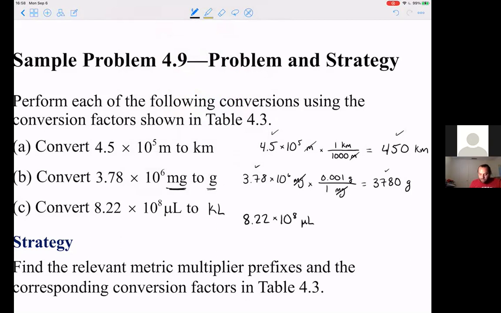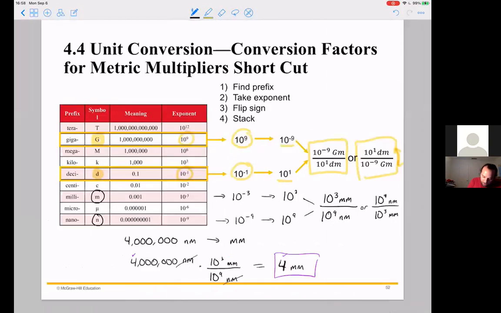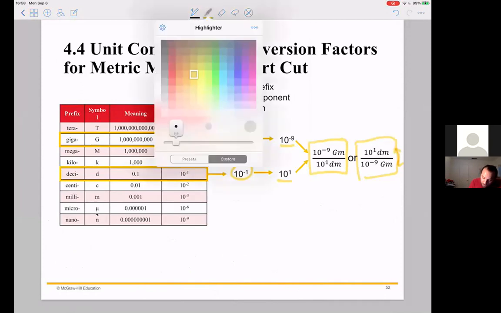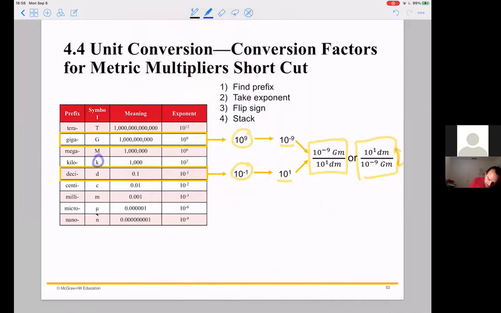Now I need to build a conversion factor that takes me from micro to kilo. So let's go back and remember how we did this again. I'm going to just erase all these. Trying to go from micro to kilo, I'm going to go to each metric prefix, micro and kilo, and grab their exponent form.